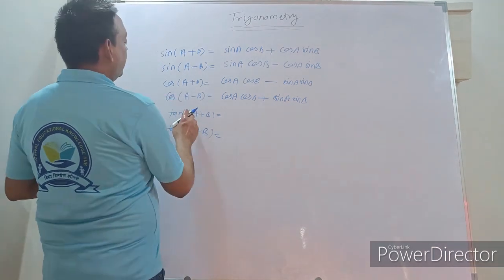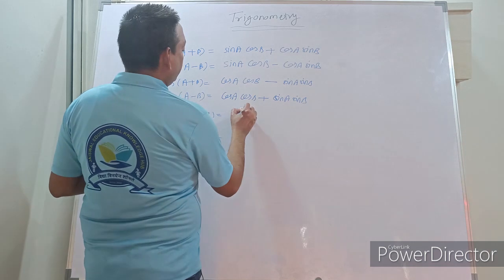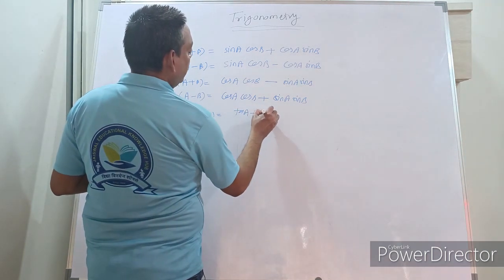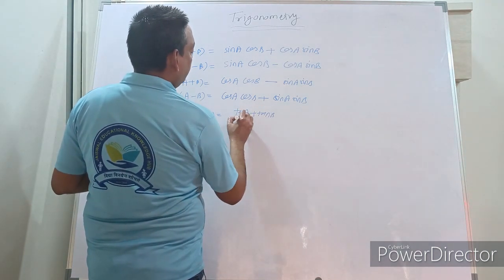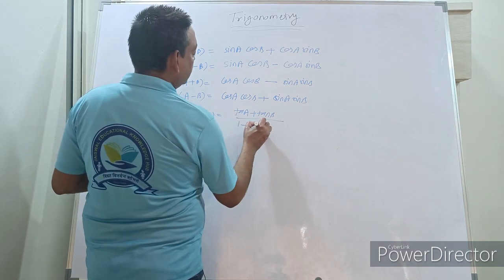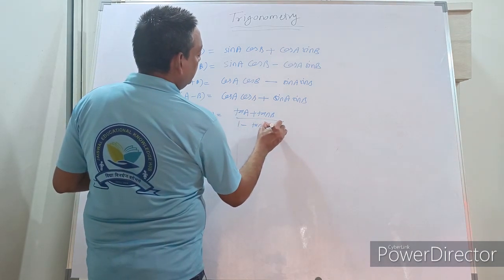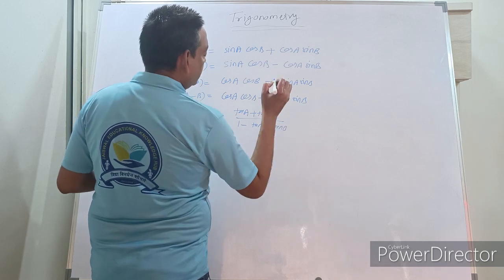In the same way, tan(a plus b) will be tan a plus tan b upon 1 minus tan a into tan b.